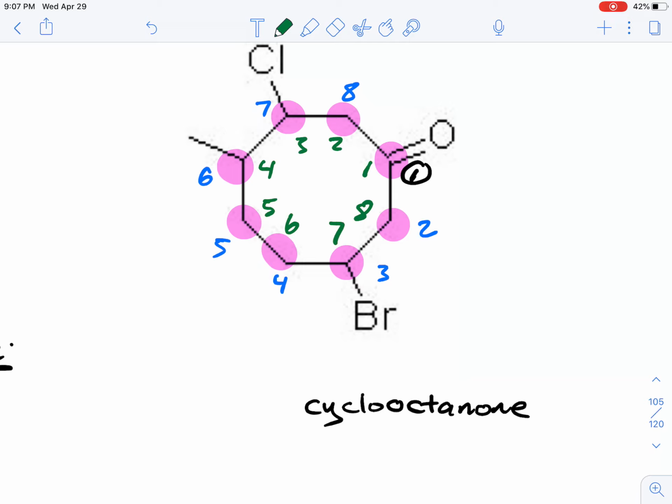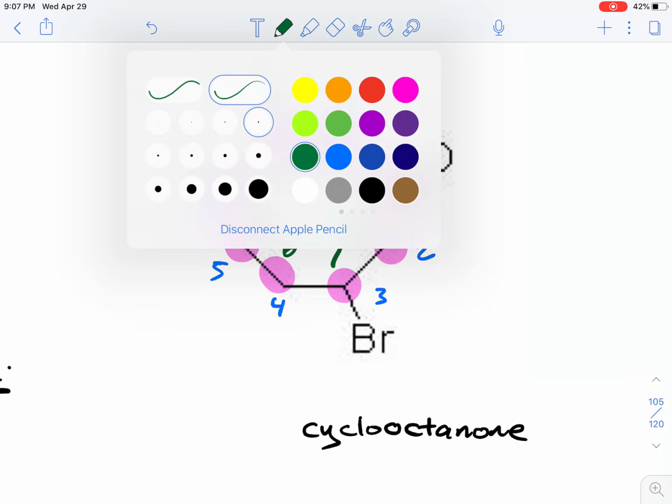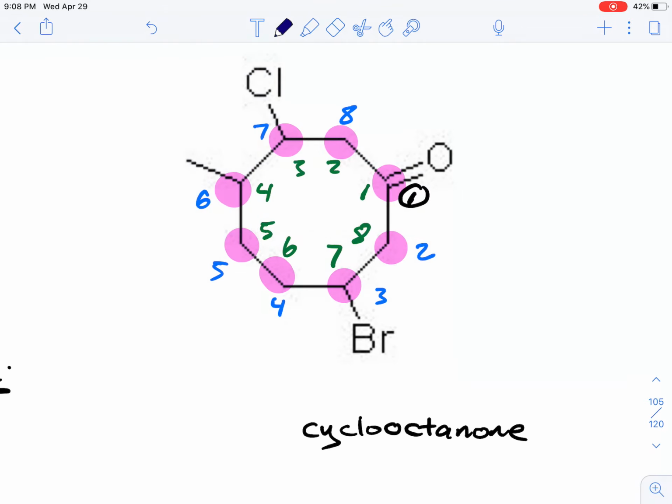Okay, so really there's only two options because we know that our ketone is going to be carbon number 1. And so for me to figure out which numbering system to use, I have to start comparing the values.